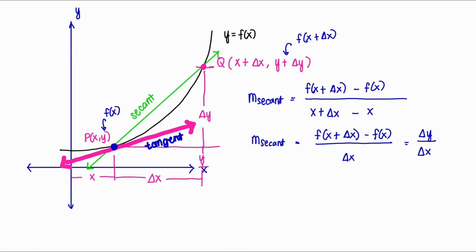So for us, again, if you want this Q to go closer to P so that delta x approaches 0, the limiting position of the secant line is the tangent line. So the slope of the secant line will approach that of the tangent line.